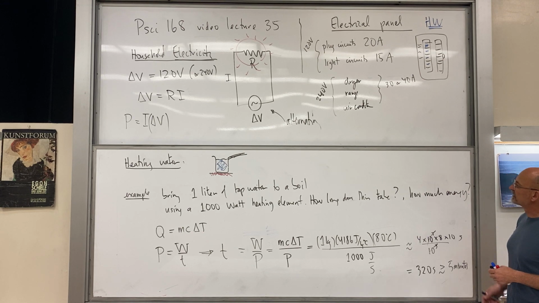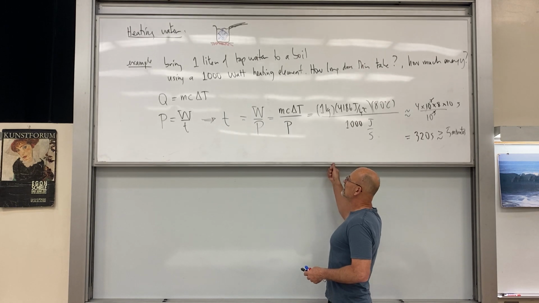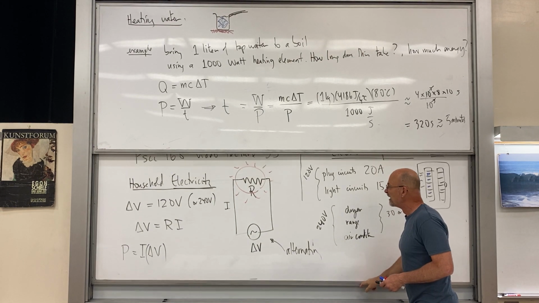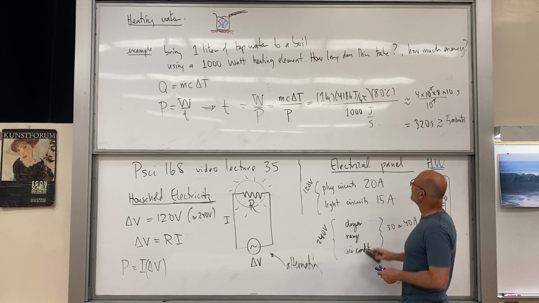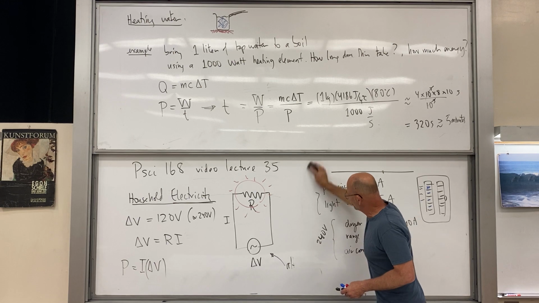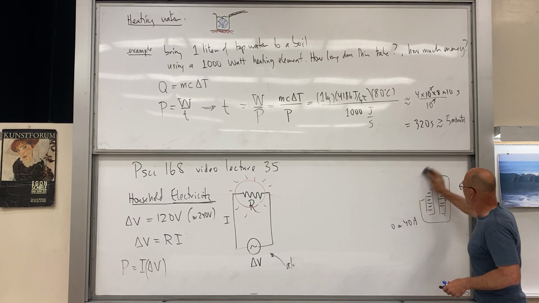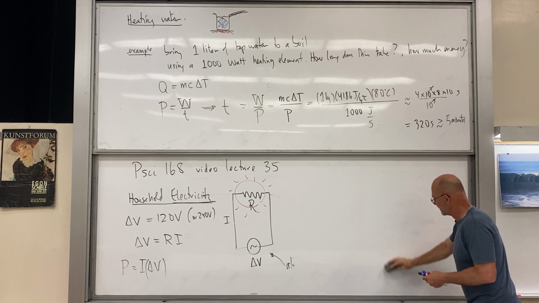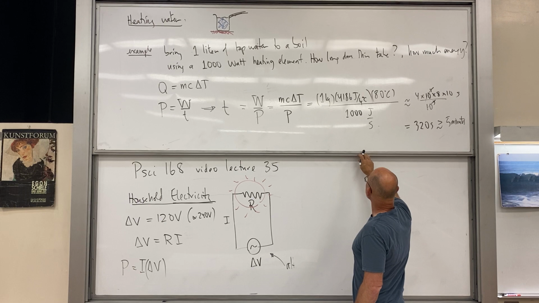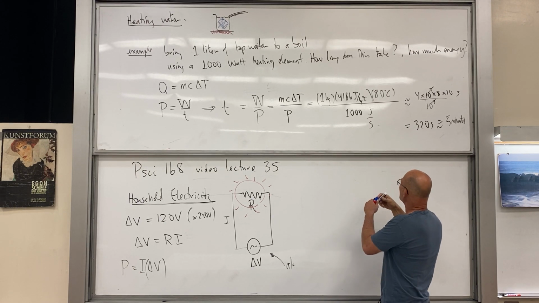8 times 2. So let's see, that's a good example. Now, I was about to write homework for this, but I'll just keep working it with you. Now, since the numerator is the joules, we want to convert it to kilowatt hours.